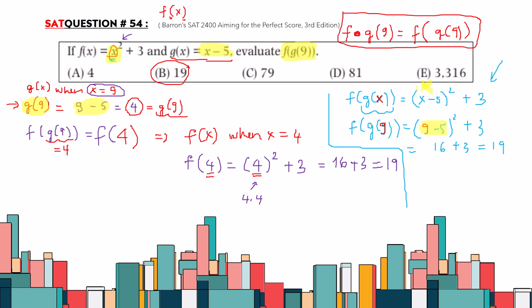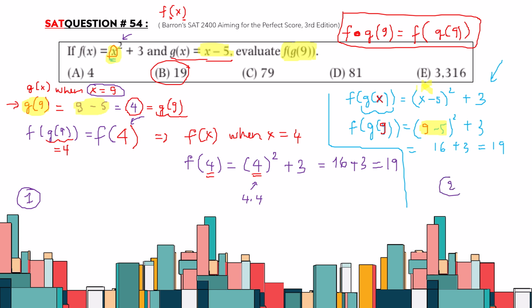There are pros and cons for both methods. If you do the first one, you have to be careful. Remember, I forgot to plug in 9 here at first, and then I changed it to 4 once I figured that out. So be careful to plug in the value correctly. Don't mess it up, okay?